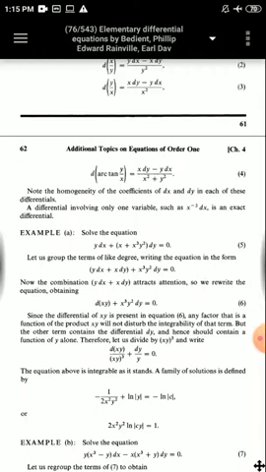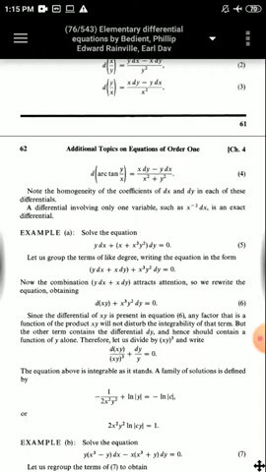Now the combination y dx plus x dy attracts attention. So we write the equation, obtaining d of xy plus x cube y square dy equal to 0.